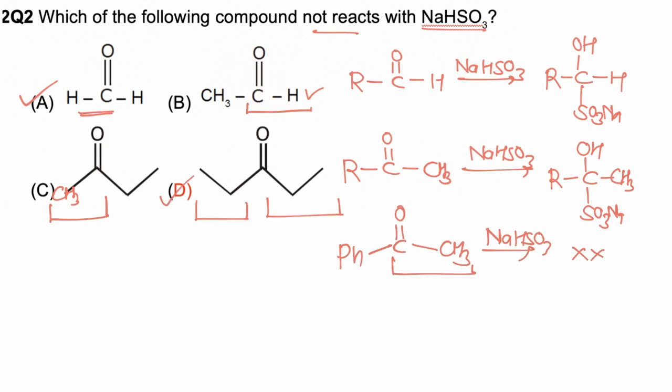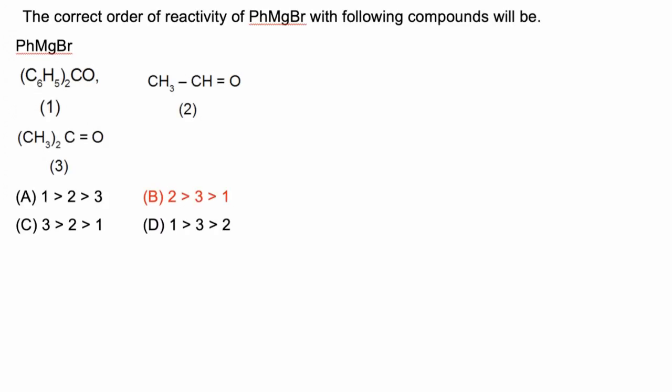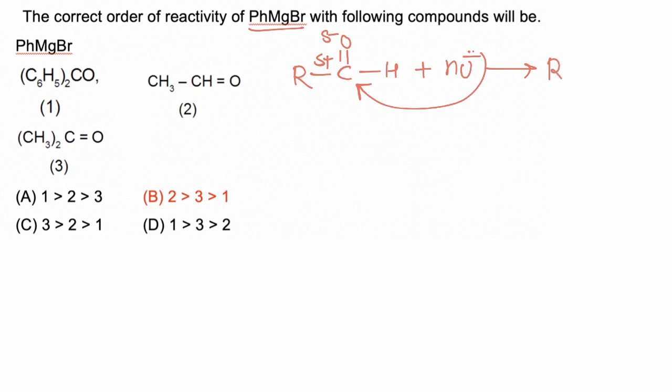In this question we have to find the correct order of reactivity of these compounds towards Grignard reagent PhMgBr. Now the reaction of a carbonyl compound with any nucleophile depends on two factors. Now the rate of reaction depends on crowding on the carbonyl carbon and positive charge on the carbonyl carbon. Nucleophile will react faster if the magnitude of positive charge is high on the carbonyl carbon, so the nucleophile can easily attack.